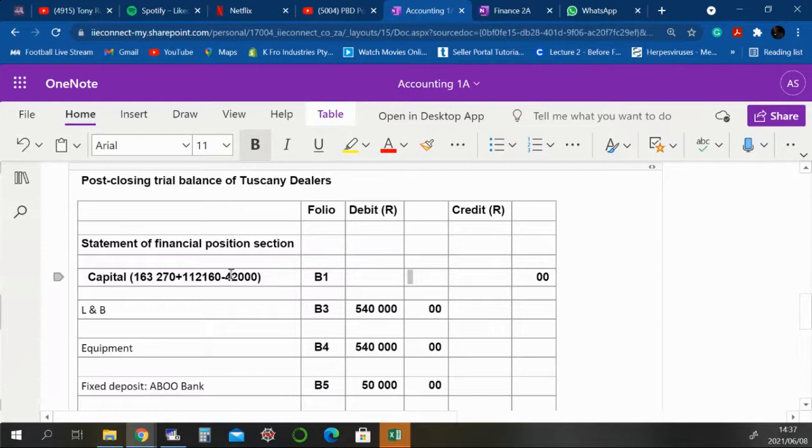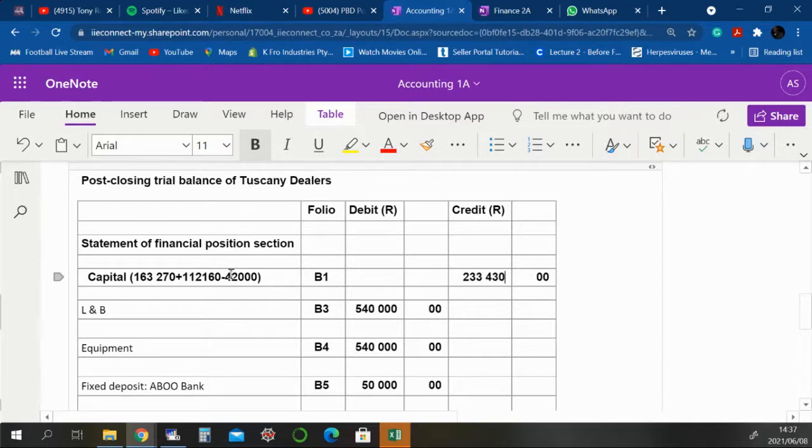And we know that capital increases on the credit side. You can see we still have a positive balance, so it should still be a credit balance at the end of the day. So it's actually increased. It should be about 200 and something thousand, 233,430.